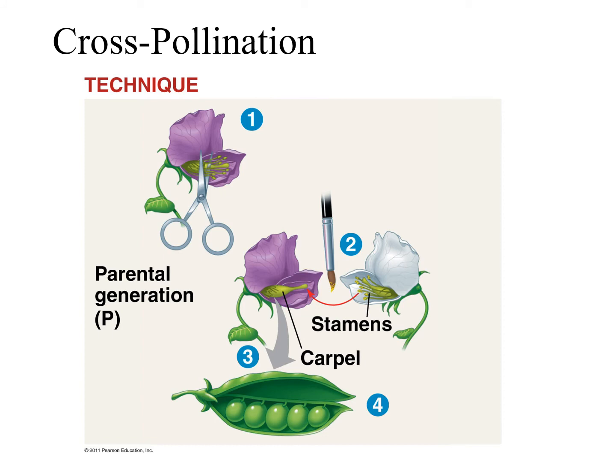You also, though, have the ability to cross-pollinate. So this figure shows the basic technique. If Mendel wanted to cross purple and white flowering plants, he would start by removing the pollen-producing structures from the purple plant and physically transferring pollen from a white plant to the purple.